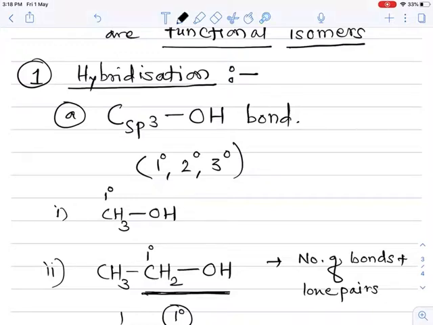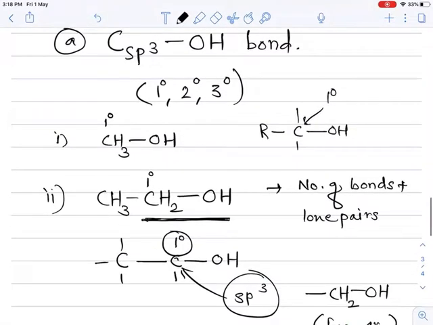So what is meant by primary? The carbon which is attached to the OH group is bonded to one alkyl group. This is the carbon which is attached to the OH group, which is bonded to one alkyl group, and that's why this is a primary carbon.